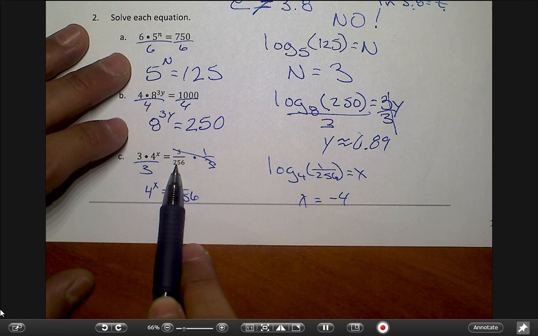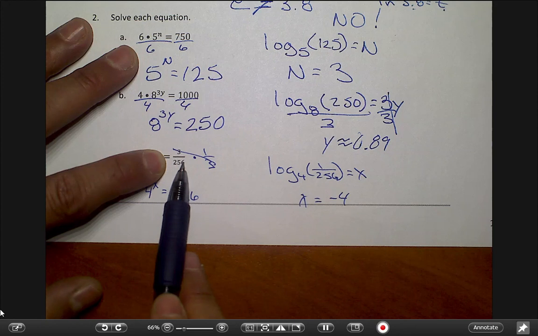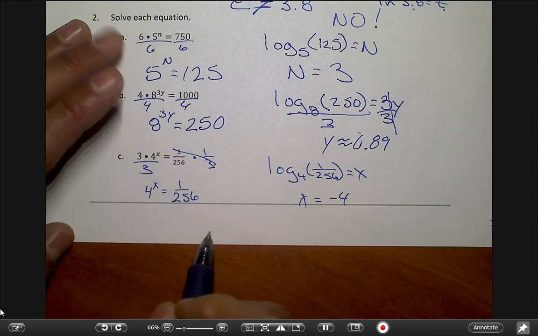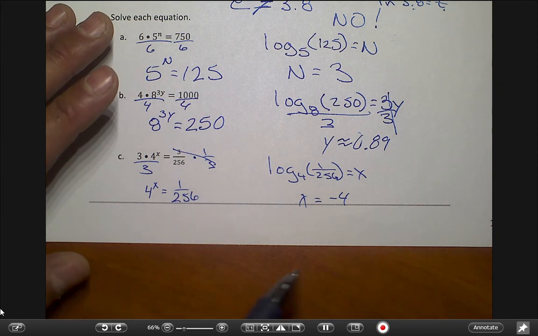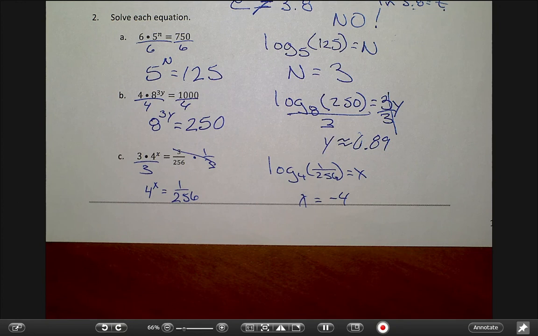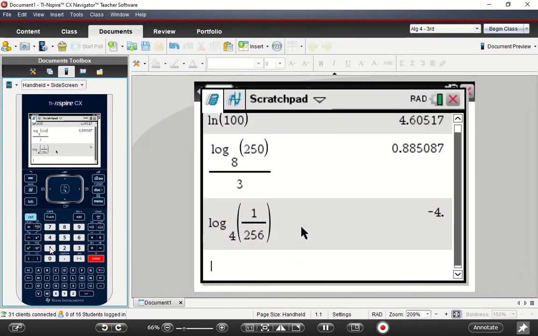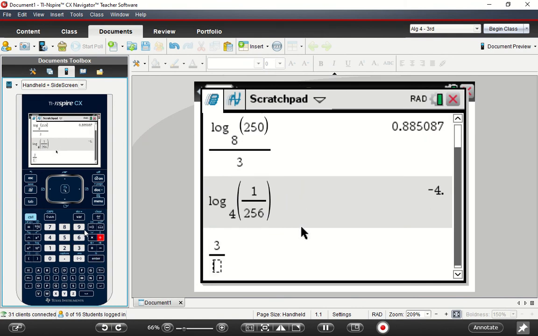Did I lose you on that? Okay, in your calculator, say 3 over 256, and then divide that by 3. Oops. 9 over 256. You multiply by 3. So, 3 over 256 divided by 3.